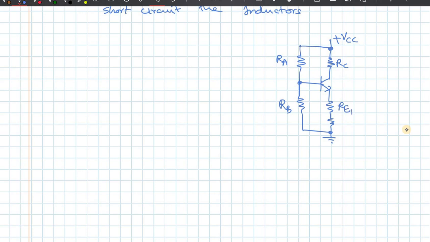If I draw that circuit, you'll end up with RC and then the bias circuit. This is all you will have, plus VCC of 10 volts, and this is the circuit that we will end up with. This is RA, this is RB, this one RC, RE1, RE2. You take the output from here, so this is Vout.